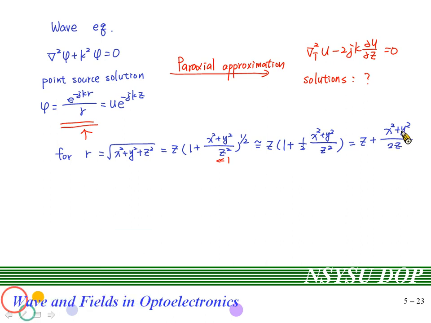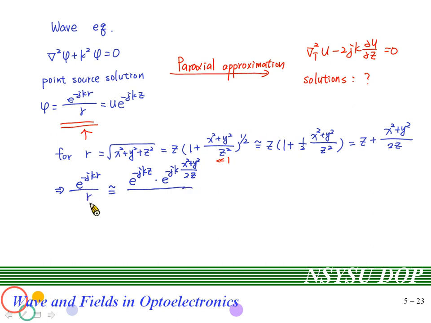After we have obtained the approximation value of r, take this result back into the original solution. Then, exponential minus jkr over r can be approximated as exponential minus jkz times exponential minus jk (x squared plus y squared) over 2z.